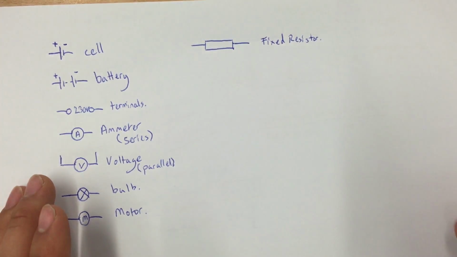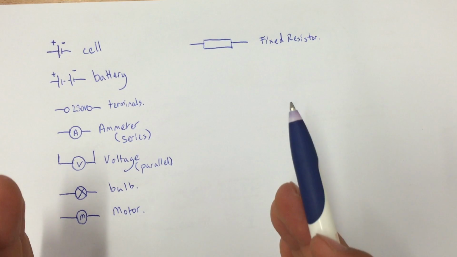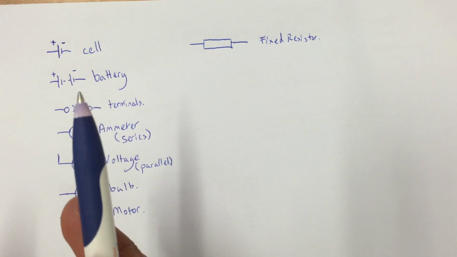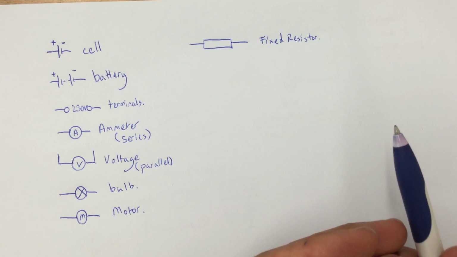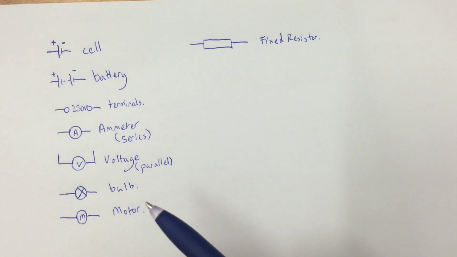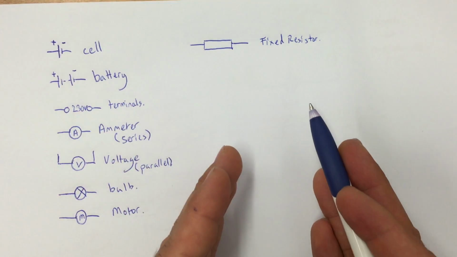And actually, it's very important that we do, because all electrical circuits work on one basic idea, which is that electrical power is transferred from the power supply, which is the cell or the battery, to the components. But more importantly than that, the correct amount of power has to be transferred from the cell or battery to the component.